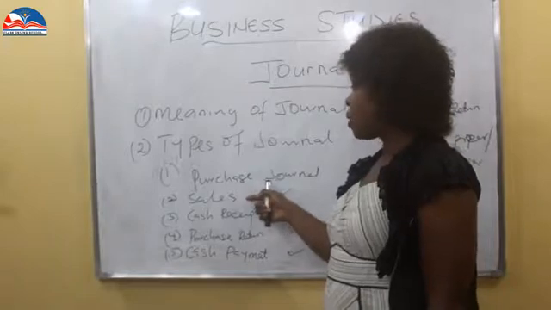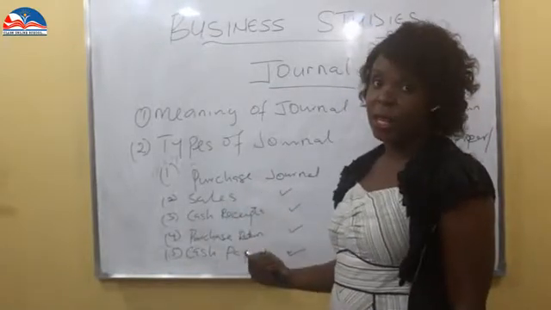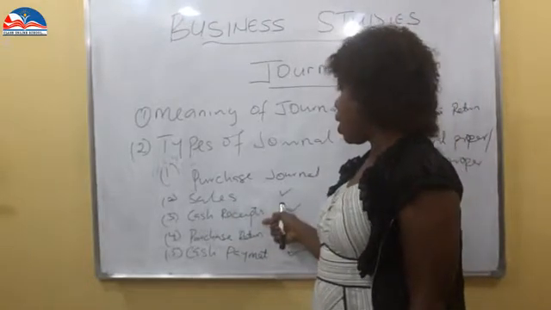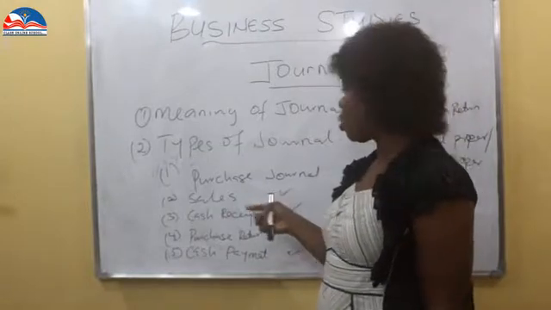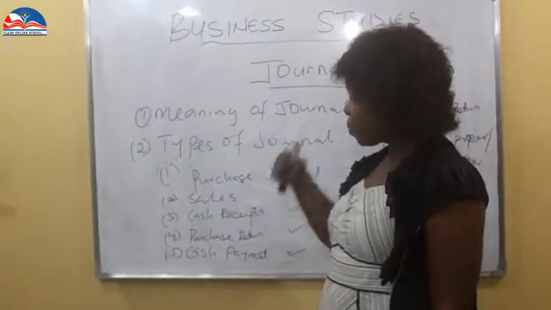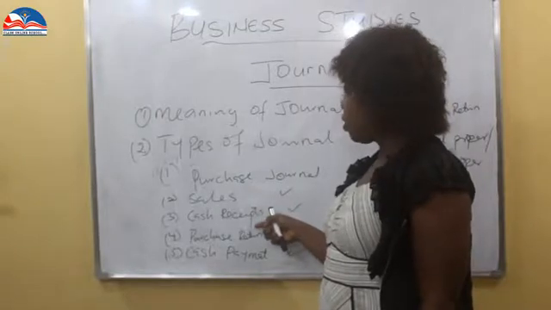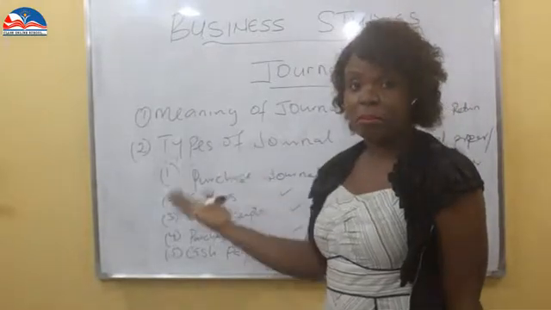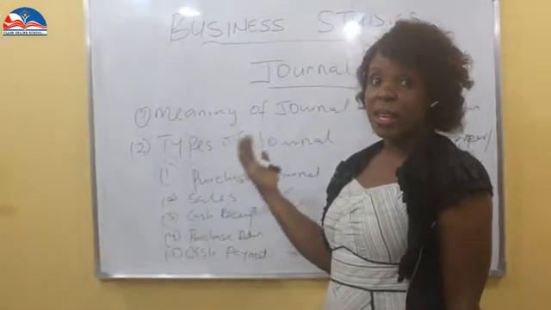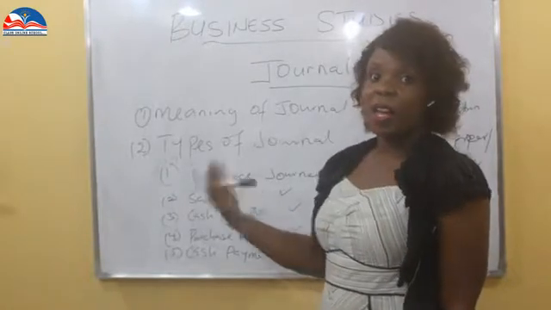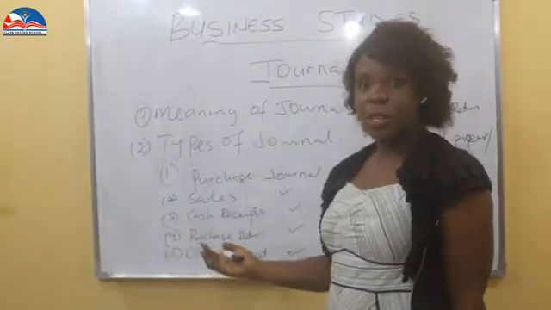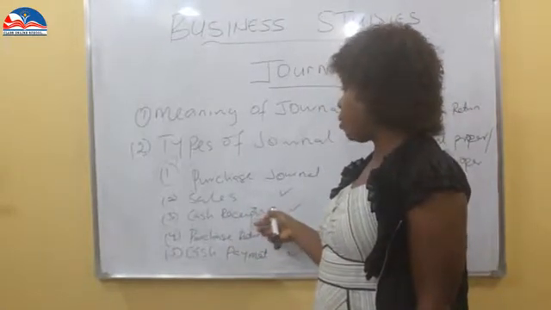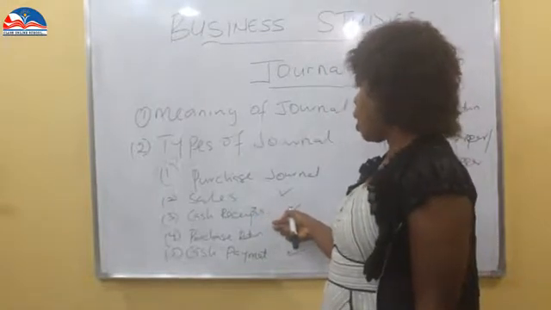There are sales that are made and cash is received immediately, and there are sales that are made and cash is not received. Those sales made where cash comes into the organization are recorded here. Sometimes cash receipts from buyers are recorded here. Cash received from sales of assets is equally recorded here. So this is where the cash receipts are placed.